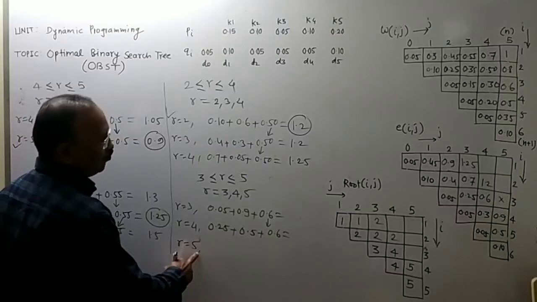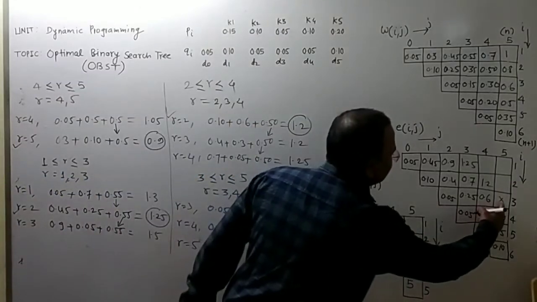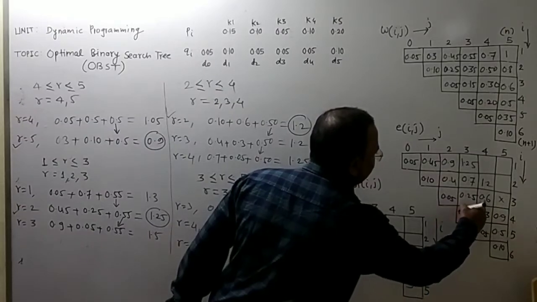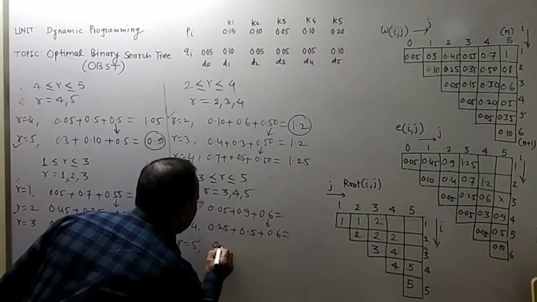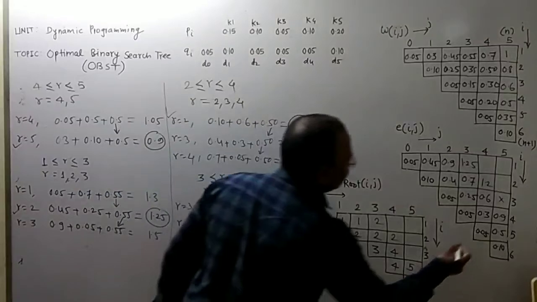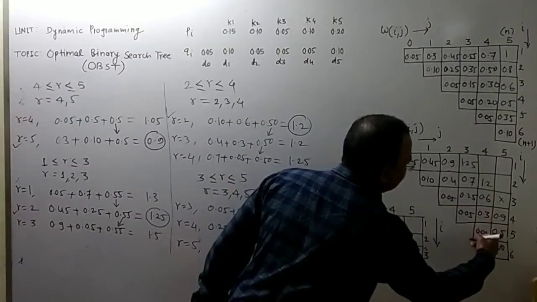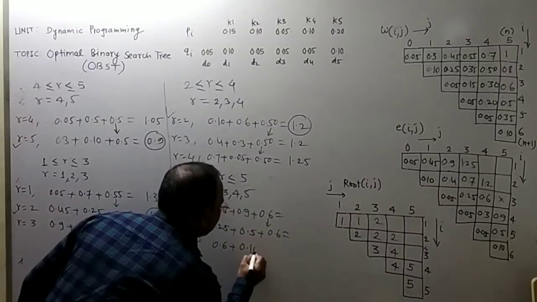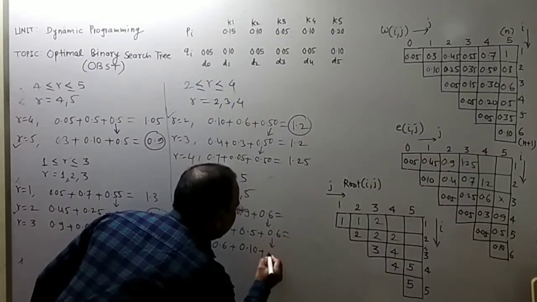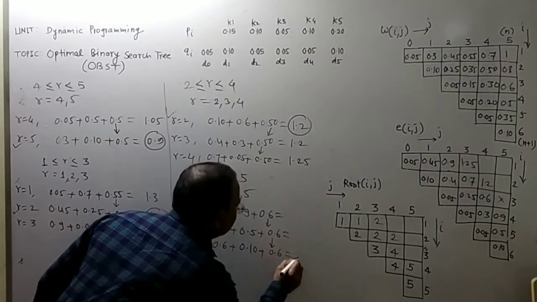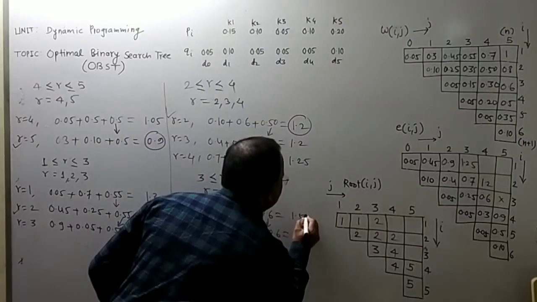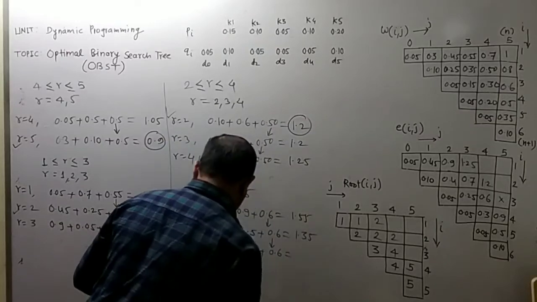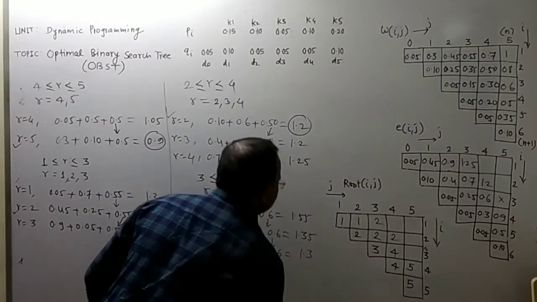For R is equal to 5, consider 0.6. Already we have considered these two values. Now consider 0.6. On the downside, we have considered these two values. Now consider 0.10 plus the W value, that is 0.6, is equal to 1.55, 1.35, 1.3.